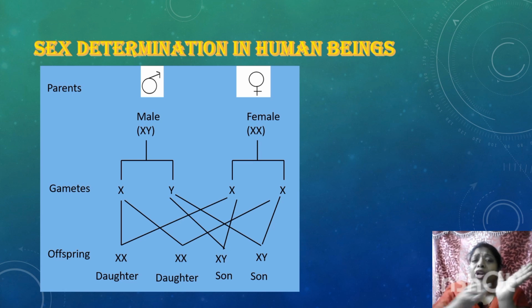So when you talk about the offspring, the children, they will inherit the X chromosome from their mother. All the offspring will inherit the X chromosome from the mother, whether it may be a boy child or a girl child, whatever the gender.